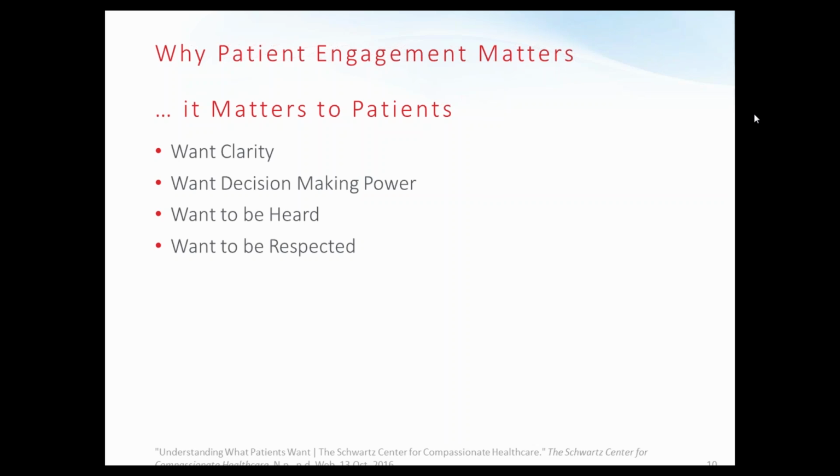In 2013 and 2014, the Schwartz Center conducted a series of consumer focus groups to learn how patients think about compassionate care, what language they use, and what aspects of compassionate care are most important to them. I just wanted to cite a few of the responses they gave.